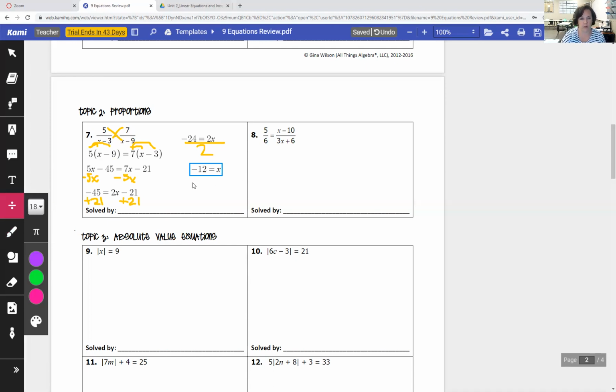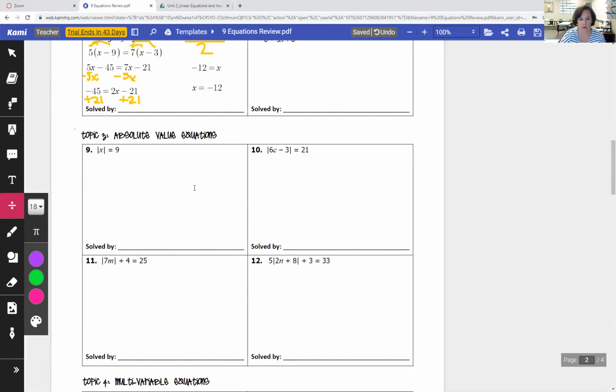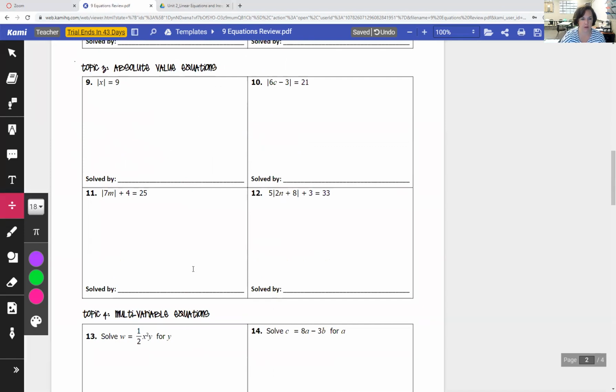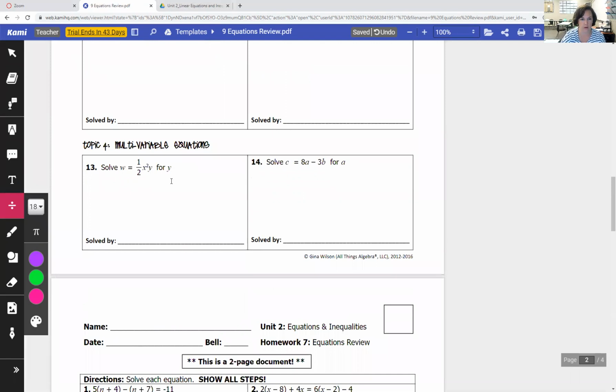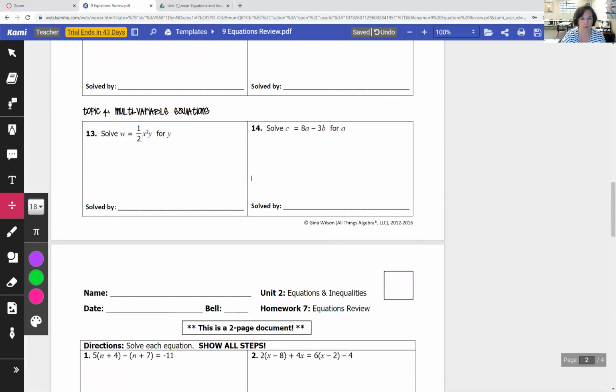And we can always use the property of reflection to rewrite this. Okay, there are proportions. Last of all is solving absolute value equations. We're not going to worry about literal equations.